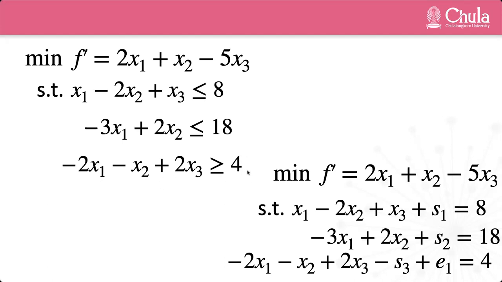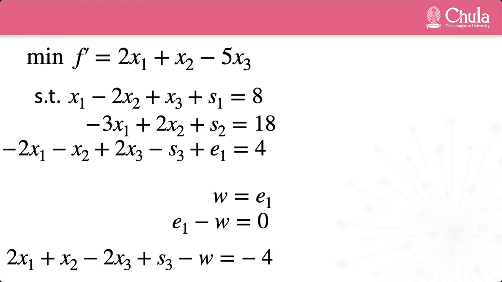We have a non-negative right hand side. However, this one is greater or equal, so we should subtract the slack variable, subtract S3 and plus E1. Then we start the two-phase algorithm.